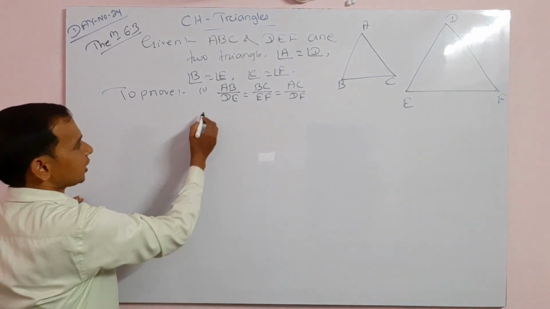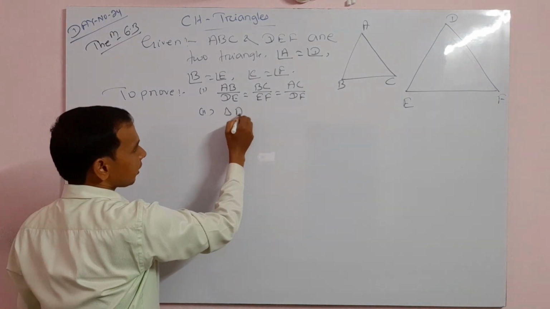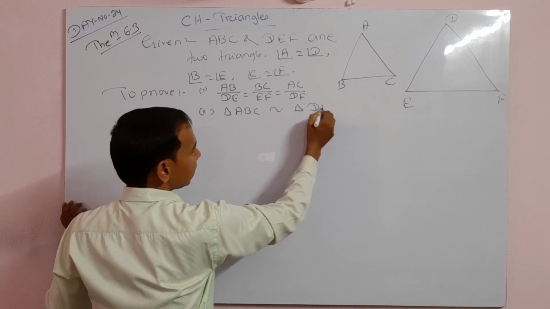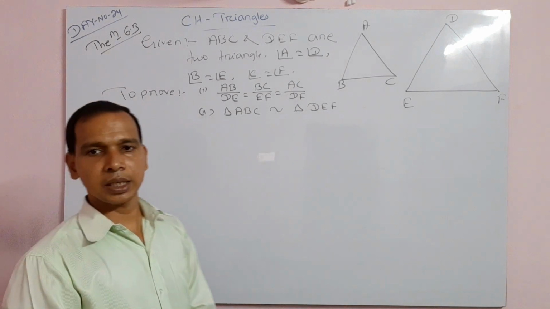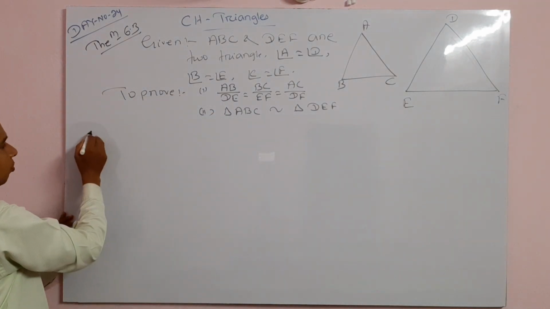First option. Then second option here, triangle ABC similar with the triangle DEF. Given complete, to prove complete, then come to construction.